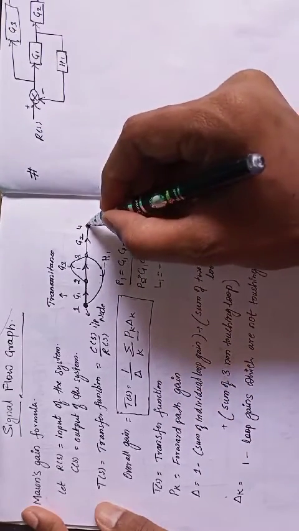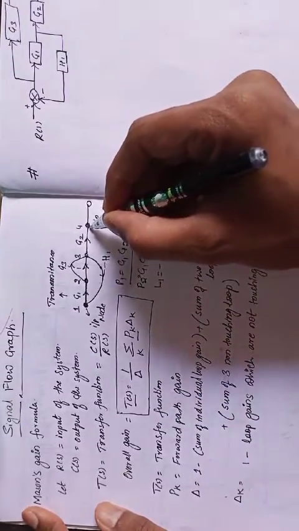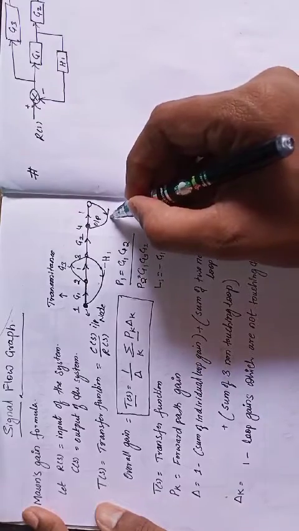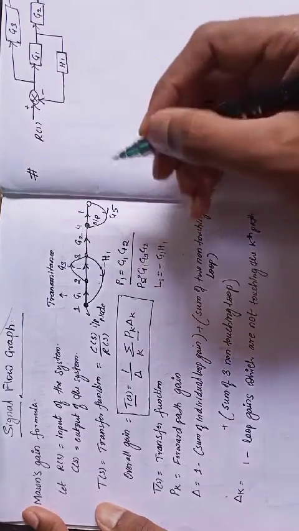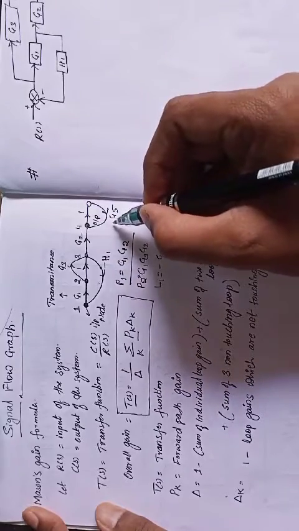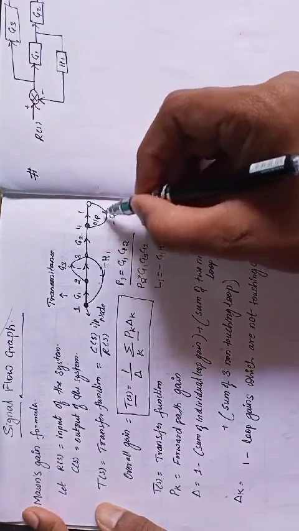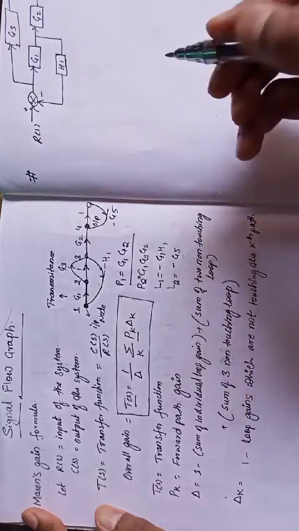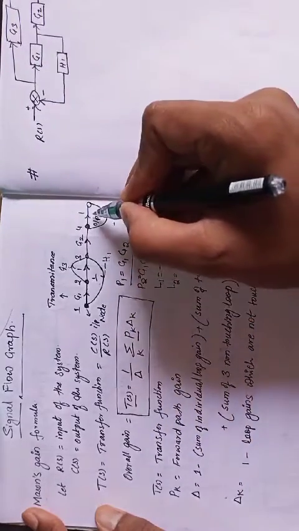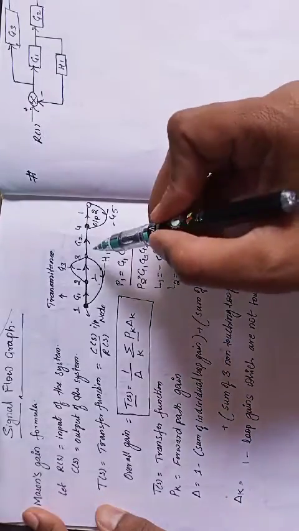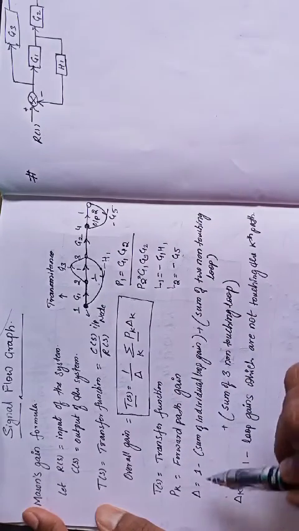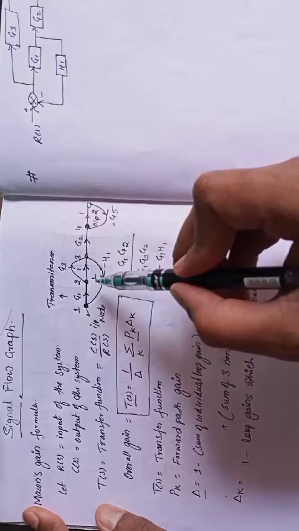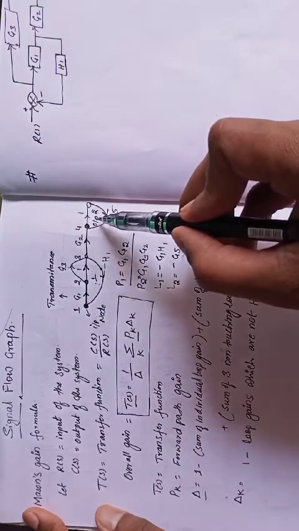If I include one more node here and frame one more loop like this with gain G5, this is loop 2 with gain minus G5, and this is loop 1. When constructing delta, the sum of two non-touching loops means a loop which is not touching this loop.